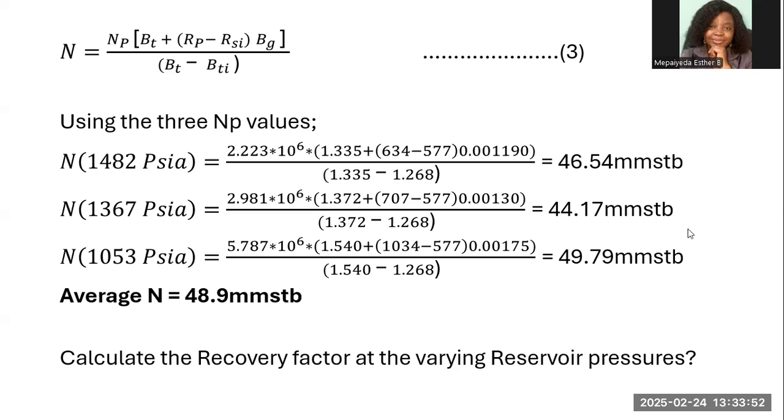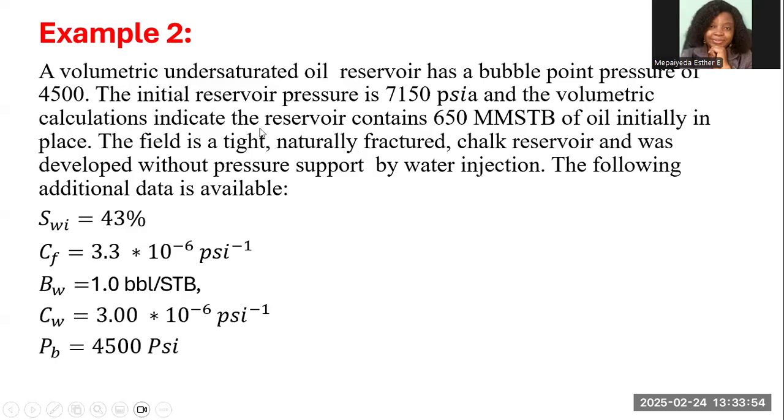All right, so such an interesting example we have here. Example 2: a volumetric undersaturated oil reservoir has a bubble point pressure of 4,500 psi. The initial reservoir pressure is 7150 psi, and the volumetric calculations indicate the reservoir contains 650 MMSTB of oil initially in place.